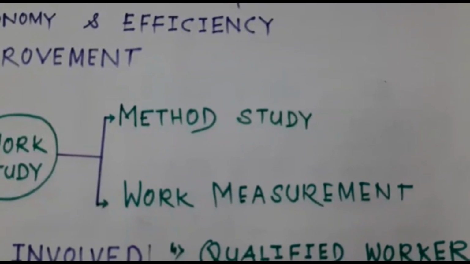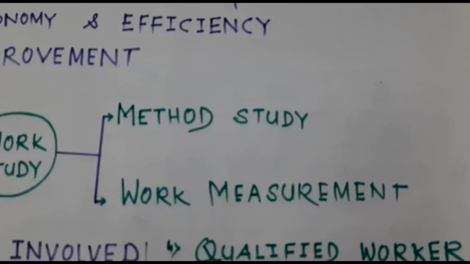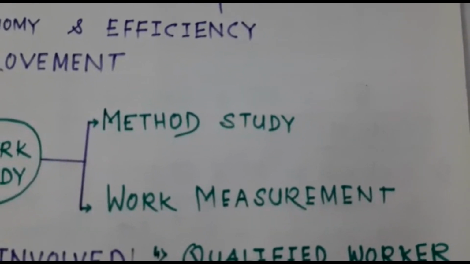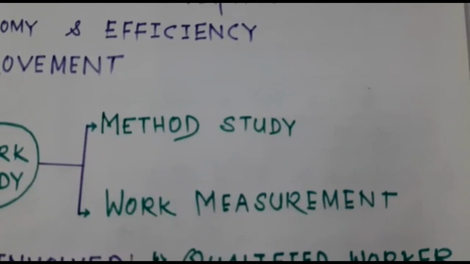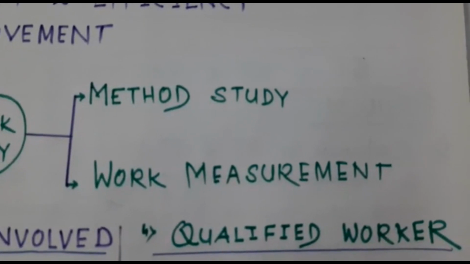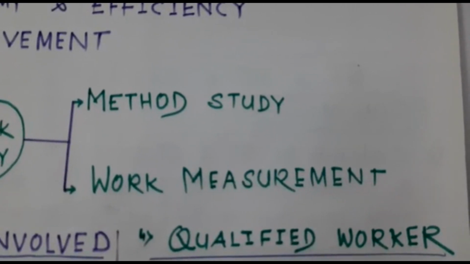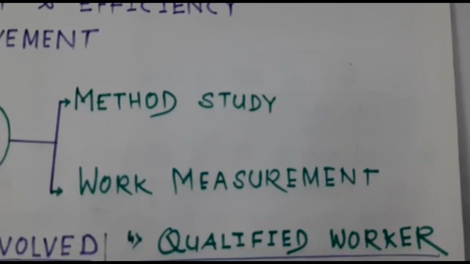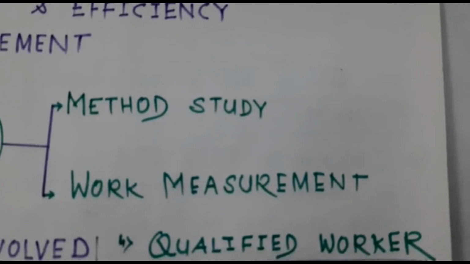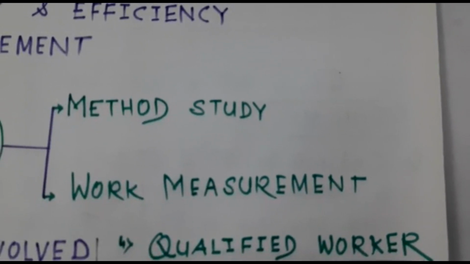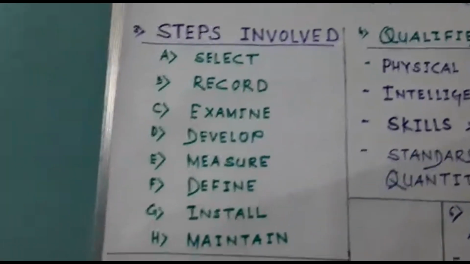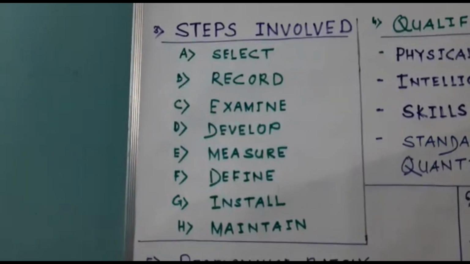Method study basically refers to defining or developing a scientific and more economical, simpler method of doing the job without affecting the quality, whereas work measurement refers to determining the work content in a job, and it basically refers to determining the time taken by a qualified worker to complete the specific job under a defined level of performance.